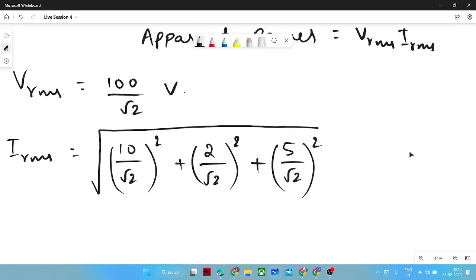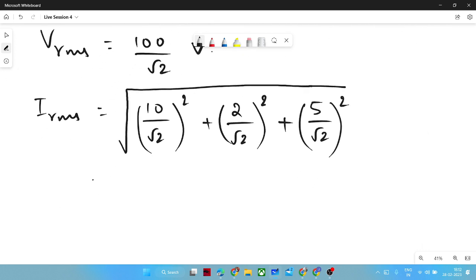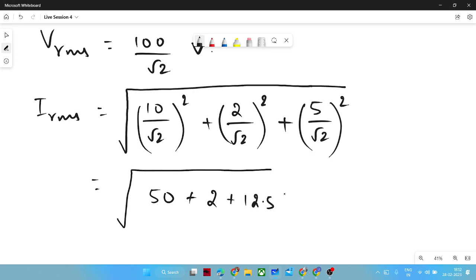And now if you compute it, you will get 100 by 2, that is 50, plus 4 by 2, that is 2, plus 25 by 2, that is 12.5. So that is 64.5. Is it correct? Yeah, it seems to be correct.